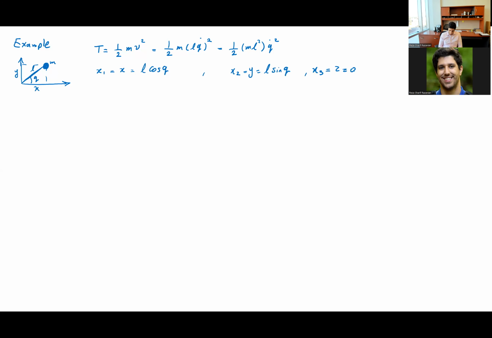So these are my coordinates. Taking the derivative, partial x1 partial q is minus L sine of q, partial x2 partial q is L cosine of q, and partial x3 over partial q is 0.